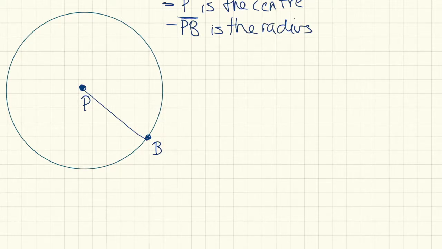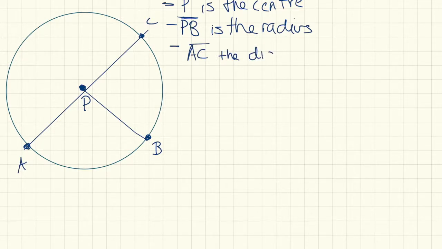Another very important piece of our circle: I'm going to add another point approximately there. It's not going to be entirely straight. I'm going to say this is A, and this is C, and then I'm going to draw a straight line here, which should pass through the center. From A to C, we call this the diameter.